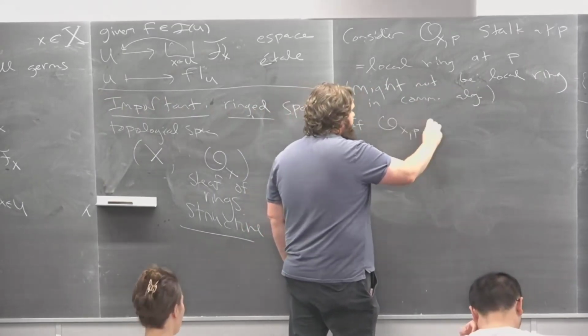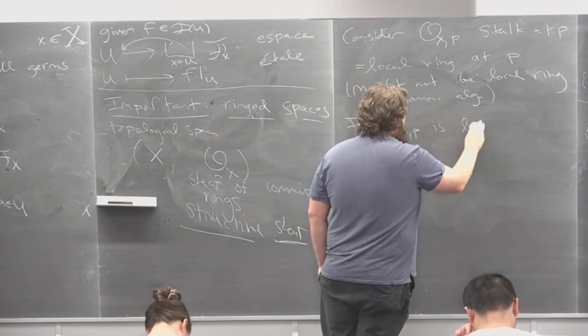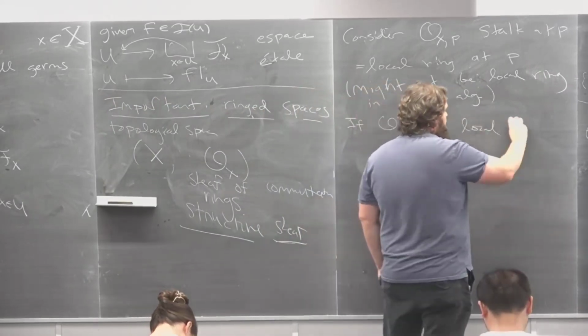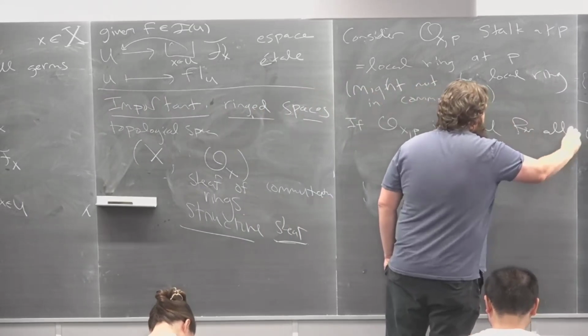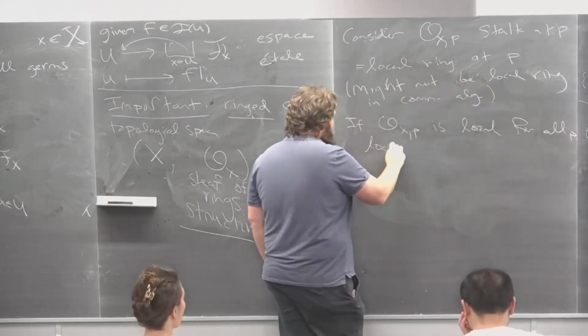So if this is local for all P, we call this a locally ringed space.